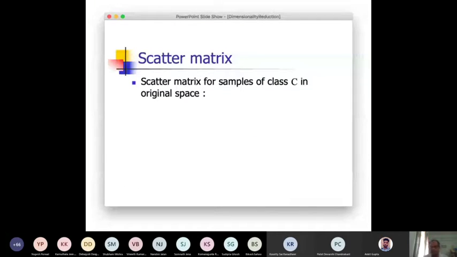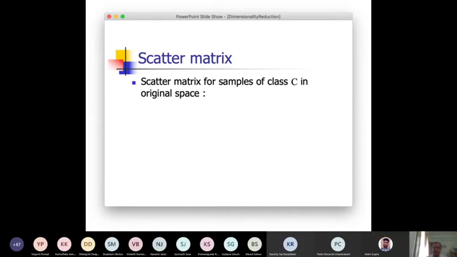Now that is the concept of scatter for a particular set of projected points. Now we come to the definition of the scatter matrix, where we consider the original input space and the scatter of data points in that input space. Once again, that is equivalent to the definition of the covariance matrix. The analogy is with respect to the covariance matrix.